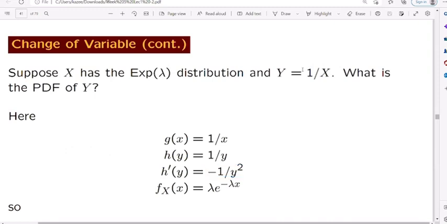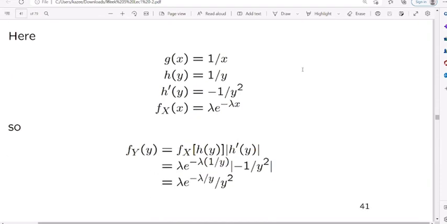After differentiating, you go back to the original PDF for x, and then you use this formula. It's like writing this, but in place of x, you say y equals 1 over x.